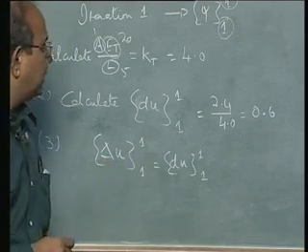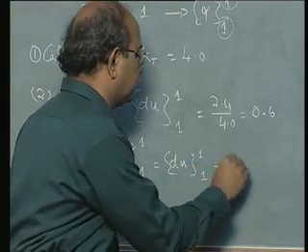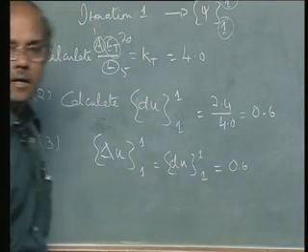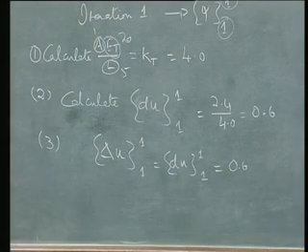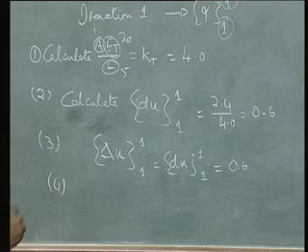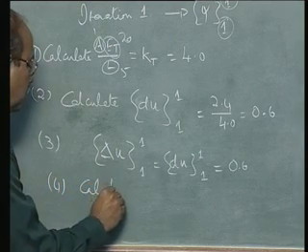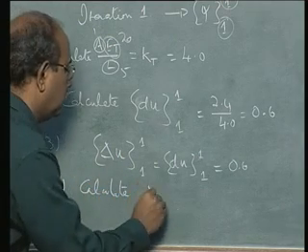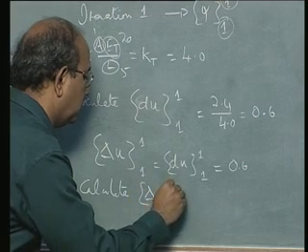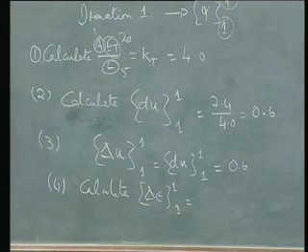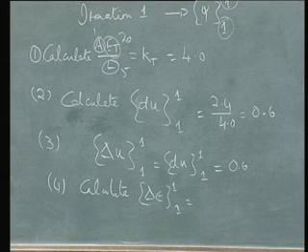So I have to calculate delta U, and this happens to be in this case 0.6, and from this I can calculate delta epsilon. What is delta epsilon? Yes, we get this from the B matrix.